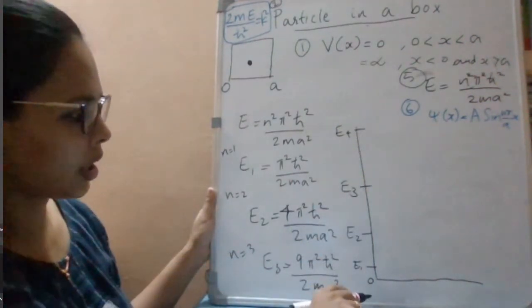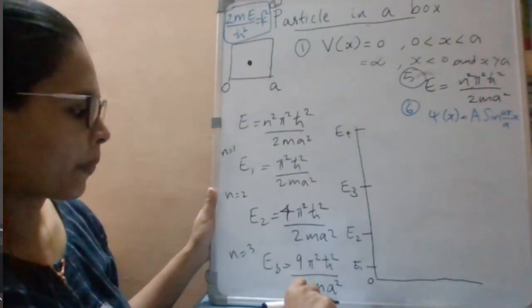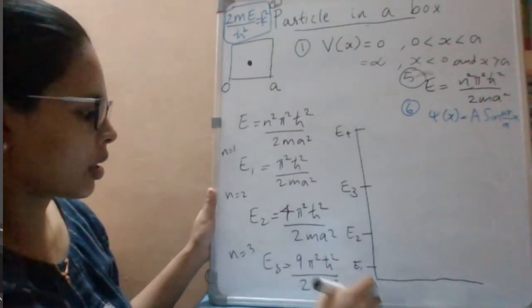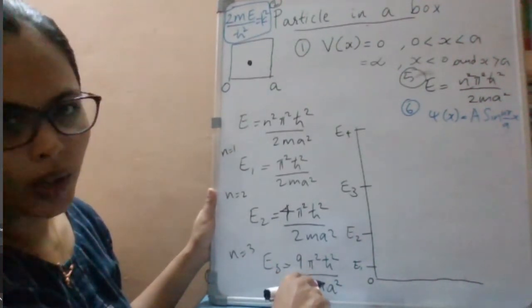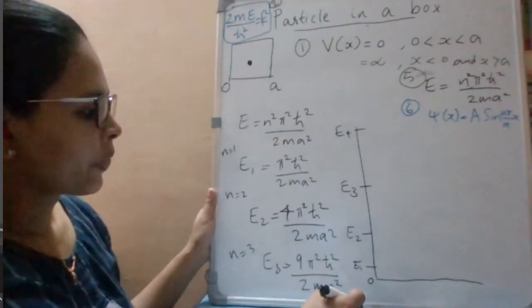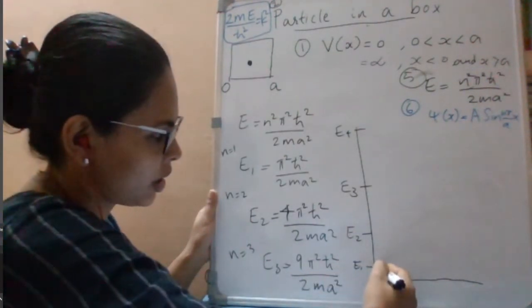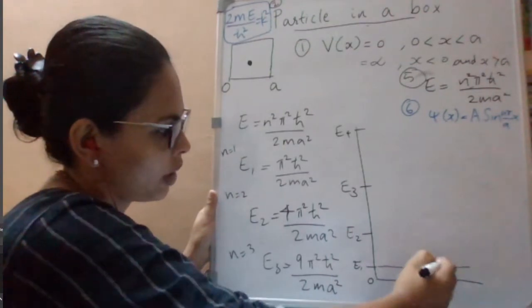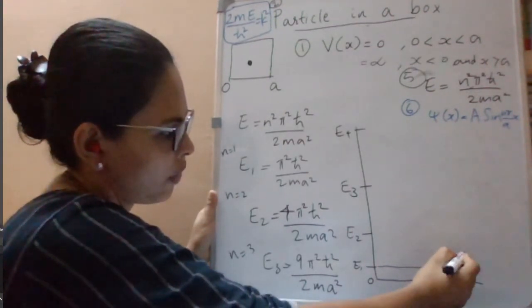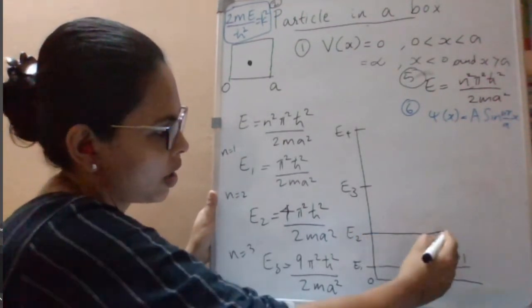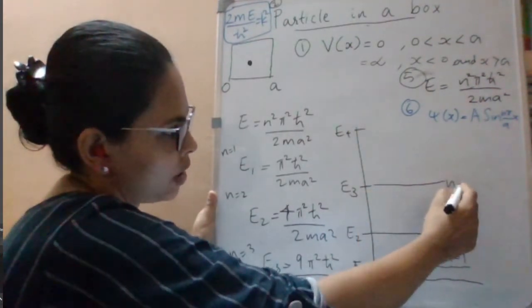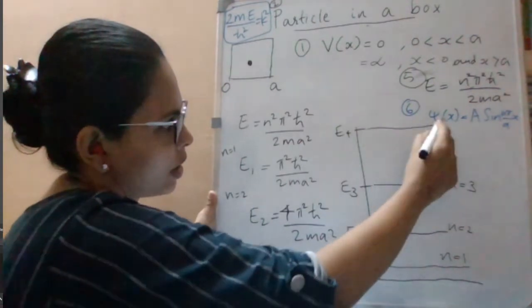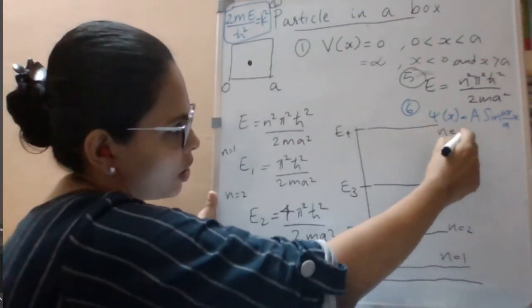When we find the values and plot it, applying the value of A as well, this is the energy level for n is equal to 1, this for n is equal to 2, this for n is equal to 3, and n is equal to 4.